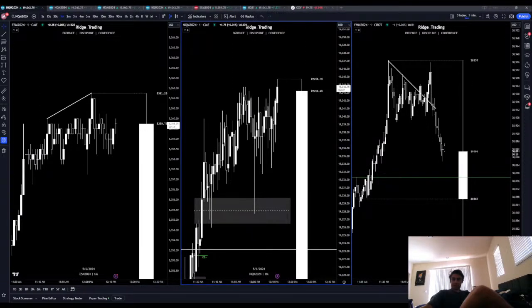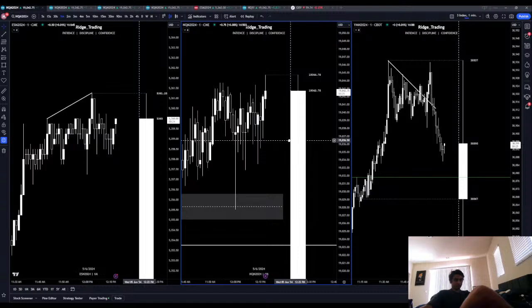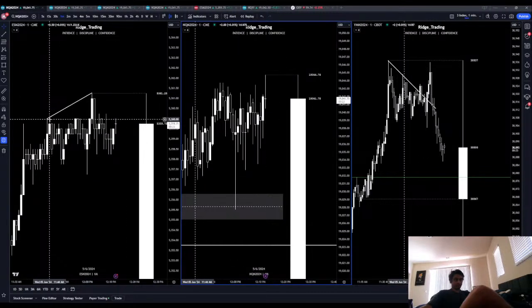Took the high, 44.75 tapped perfectly there. Very interesting. Let's see what happens from right here. SMT potential.